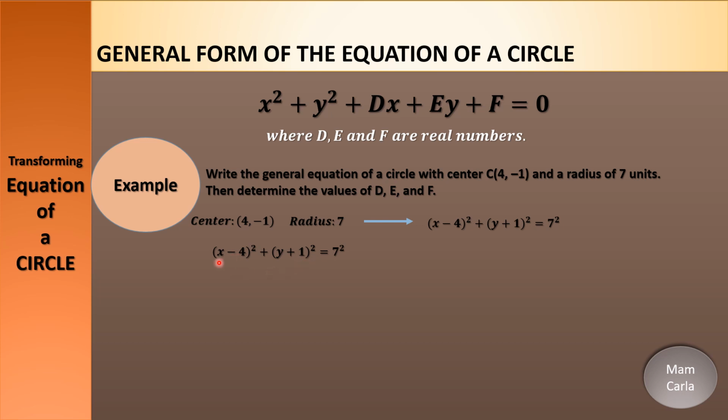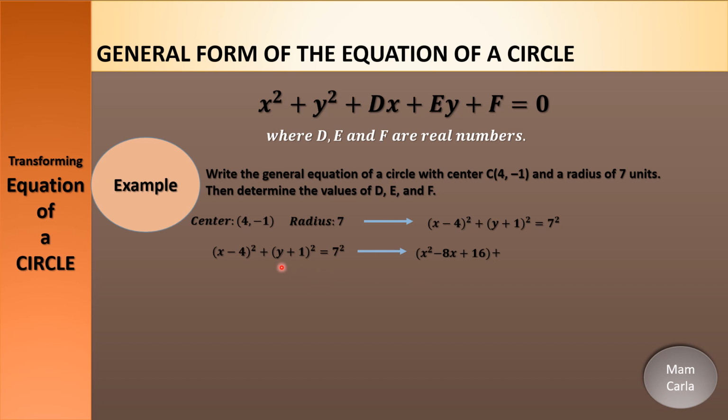So the perfect square trinomial form of this is x² - 8x + 16. And that is obtained by squaring the first, which is x times x, which is x², plus 2 times x times negative 4, which is -8x. And then to obtain the last term, we need to square the last term, or negative 4. So the square of negative 4 is 16.